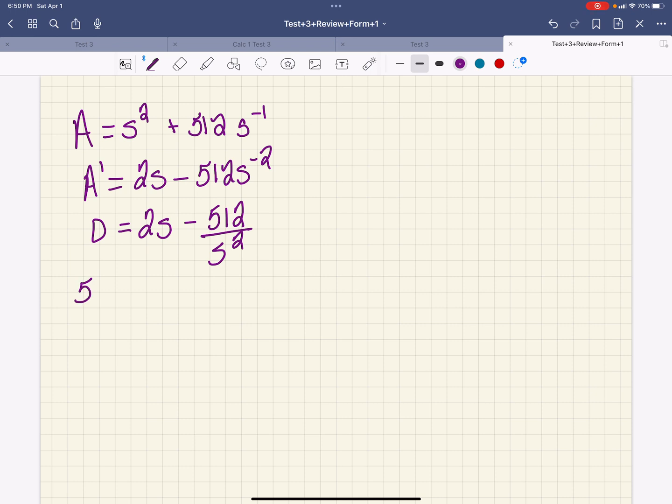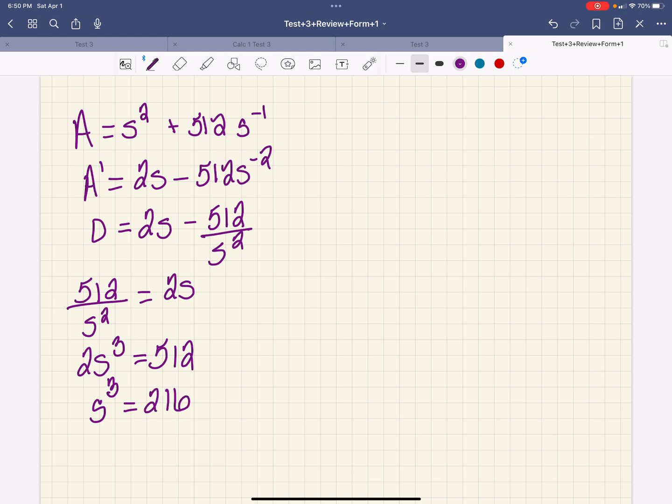So I have 432 over S squared equals 2S, and I will end up with 2S cubed equals 432. Go ahead and divide both sides by 2, and I get S cubed equals 216. Then when I take the cube root of that, I have S equals 6. Now that is the side of my base.